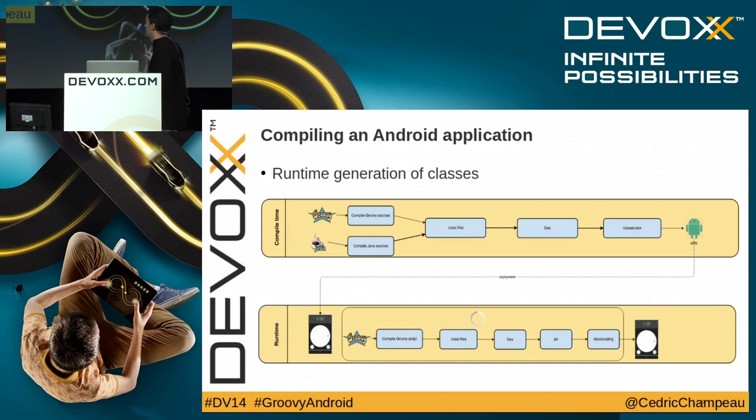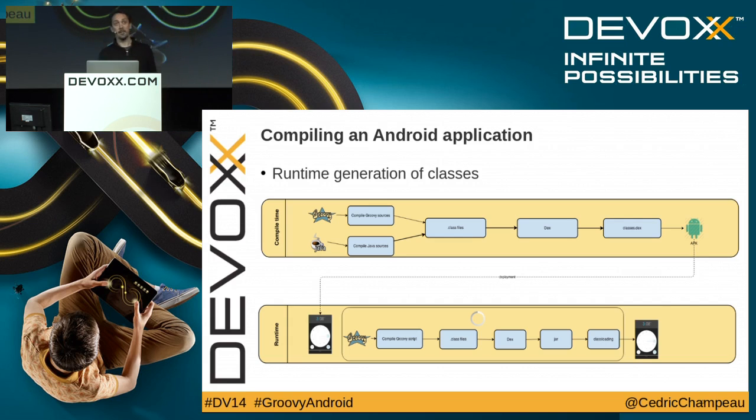So the process is this. You have Groovy files, you do everything you want, but the whole process is repeated on the device. So the dex tool is called directly on the mobile device. So it does the bytecode translation. That's pretty cool.